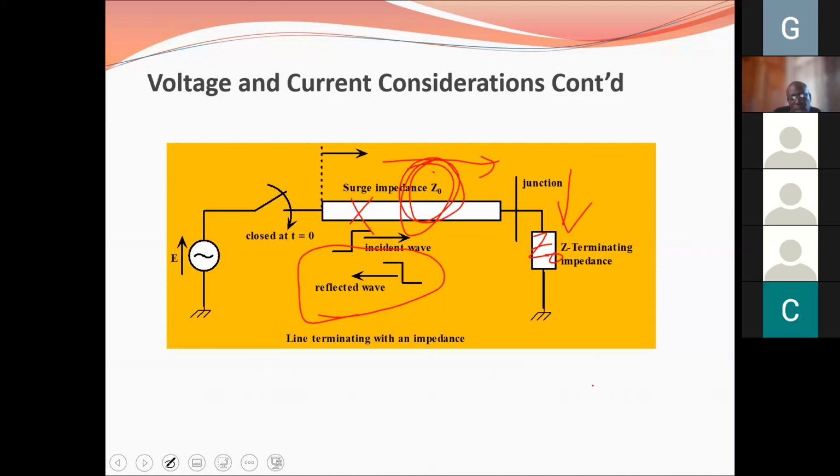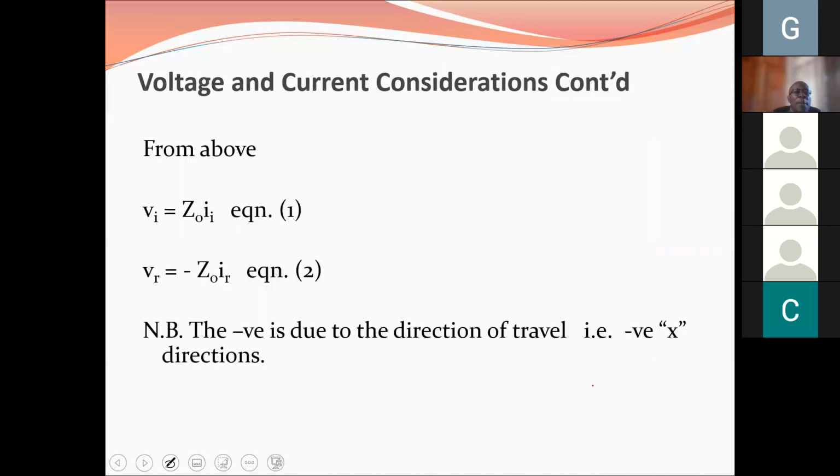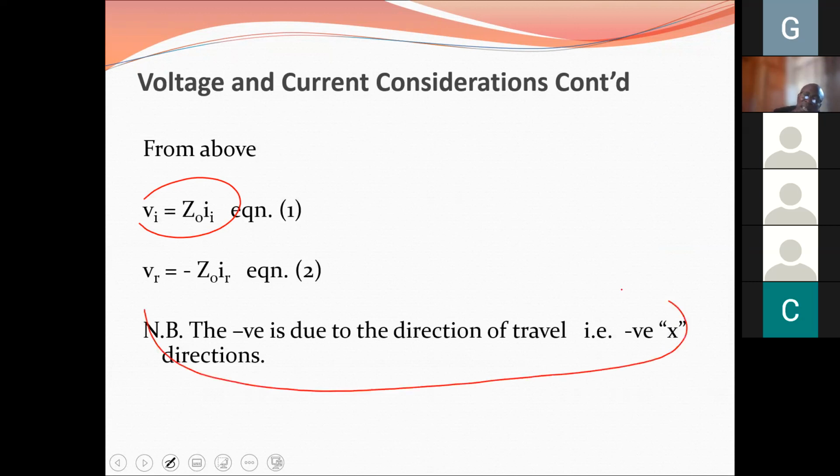Good question. All right. So based on what we had before, Vi is equal to Z0 Ii, and Vr is equal to minus Z0 Ir. And we have already spoken about this, and you see I'm repeating it, so you know it's important, all right? Okay.